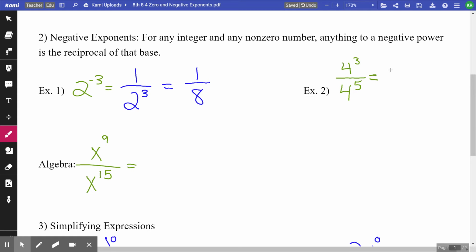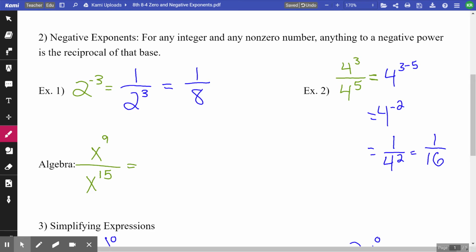If I use my rule with division, I do 4 to the 3 minus 5, so we get 4 to the negative second power. Then I flip that and get 1 over 4 squared, or 1 over 16.